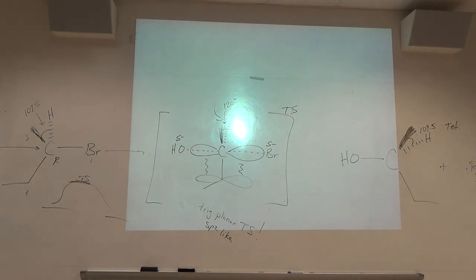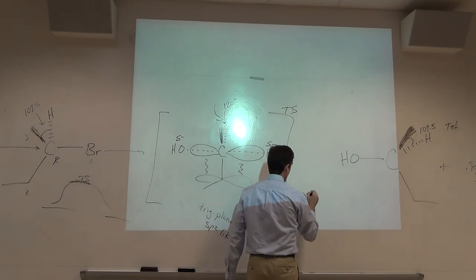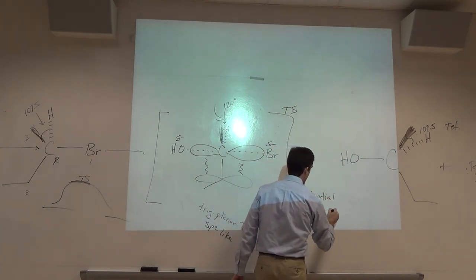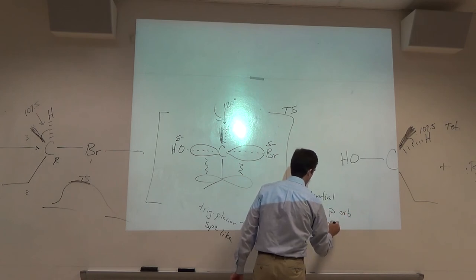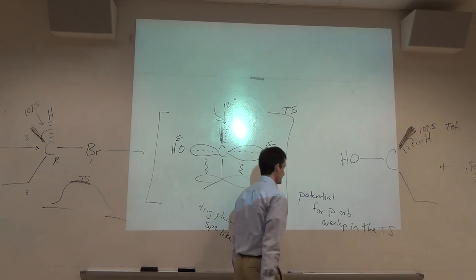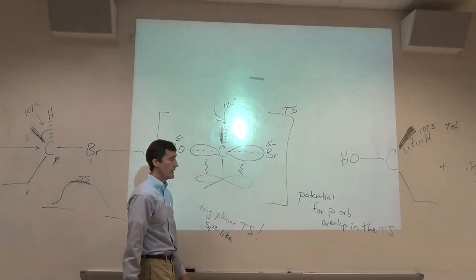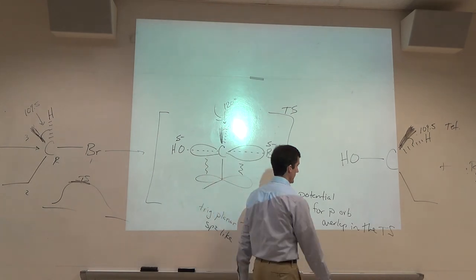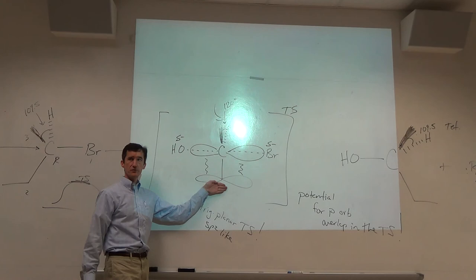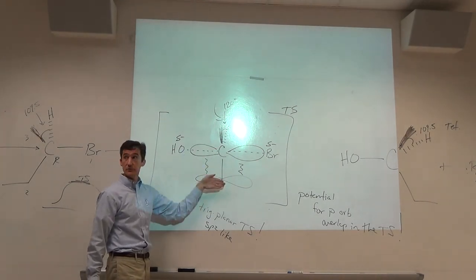Yes, orbital overlap is good. So we have potential for p orbital overlap in the TS. You'd have to have a p orbital next door. Here's the take home. If you've got a p orbital next door, it can overlap with that p orbital. It will stabilize the transition state.